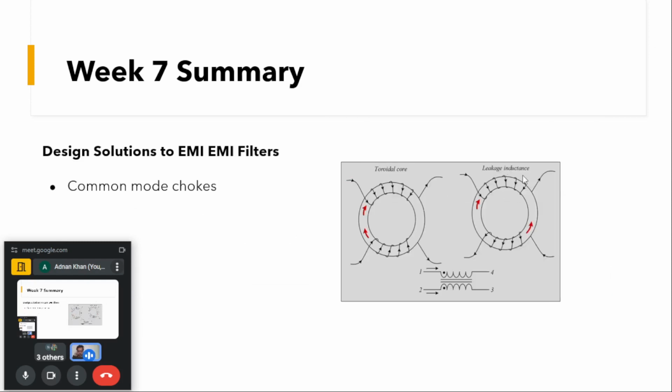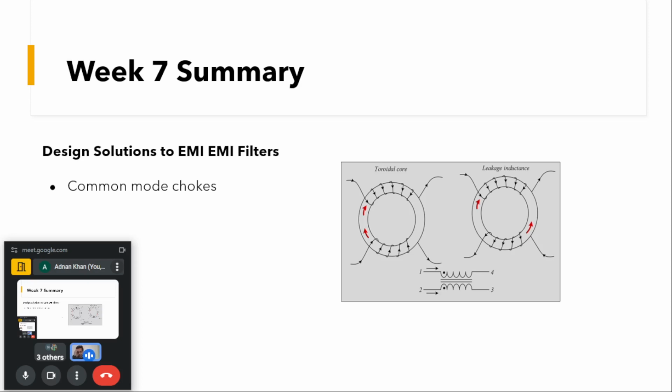But in the common mode noise, the current in the two wires is in the same direction, and the magnetic field that is generated is in the same direction and aids one another. So these will see an inductance, and at higher frequencies a very high impedance to these common mode noises.